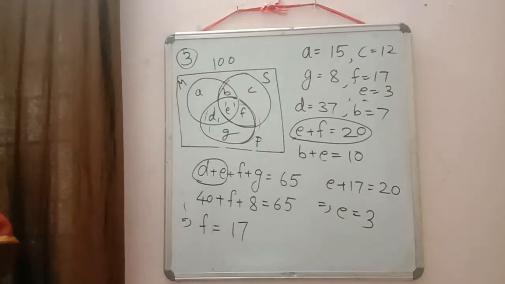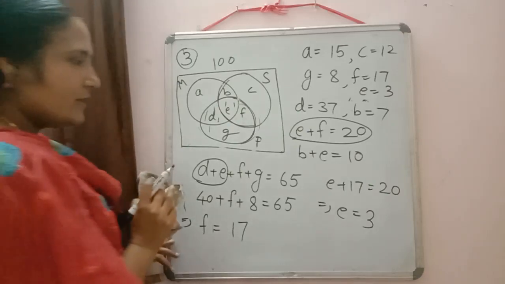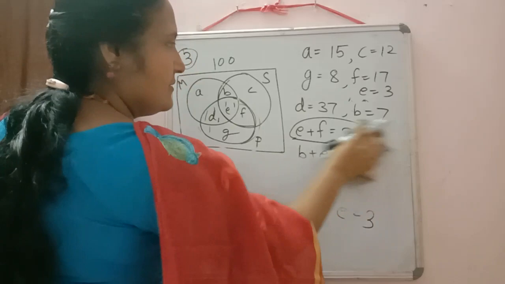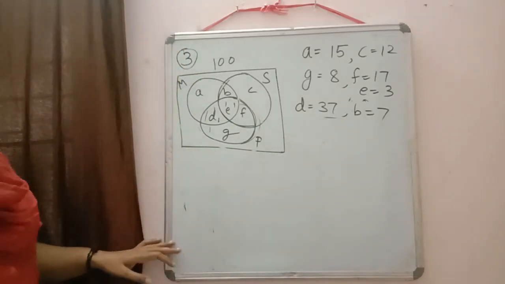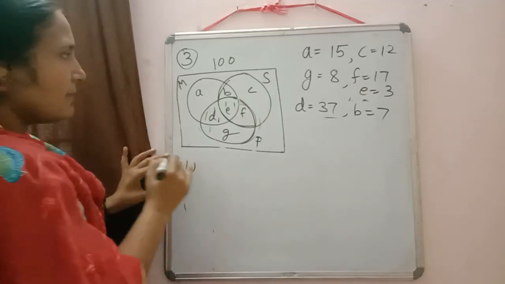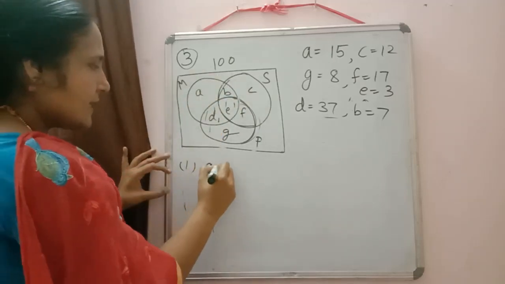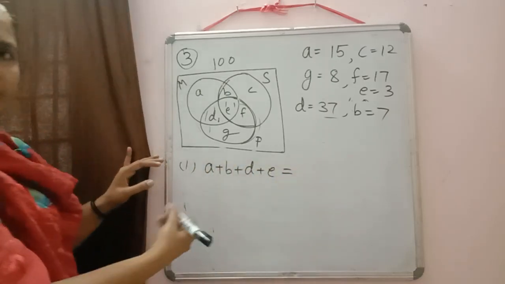Find the number of students who offered mathematics. It's not written mathematics only. The number of students who offered mathematics. Mathematics is represented by the letters A plus B plus D plus E. Now substitute the value.